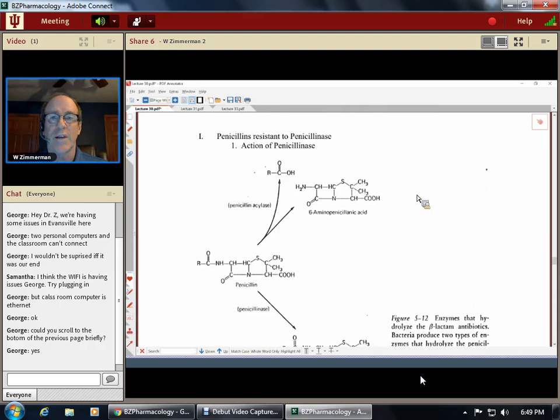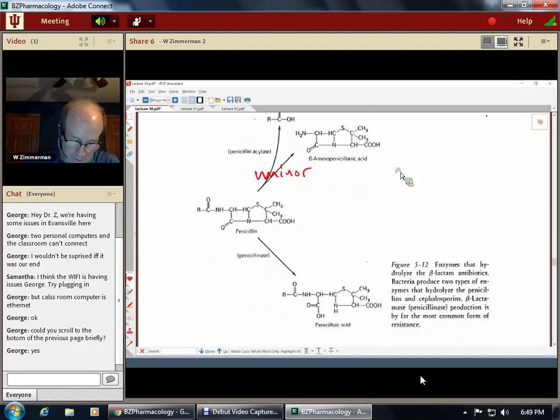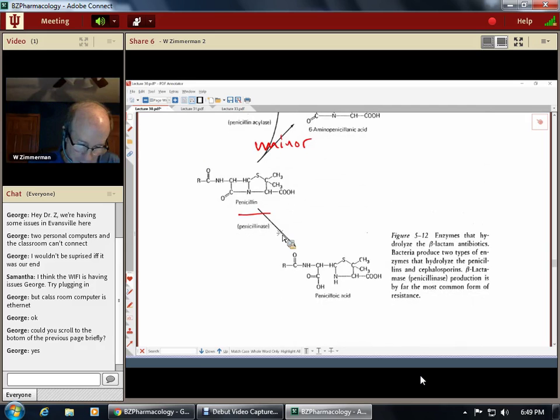Okay, I want to look at the action of the penicillinases on penicillin. I've included this upper route. Maybe I should get rid of it. This upper route is a pretty minor one. We don't really care about it. But the focus of this is on the penicillinase.